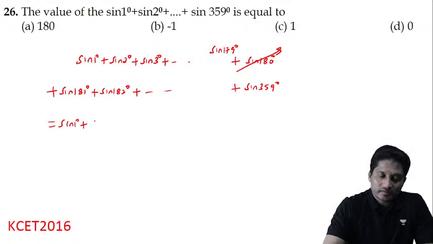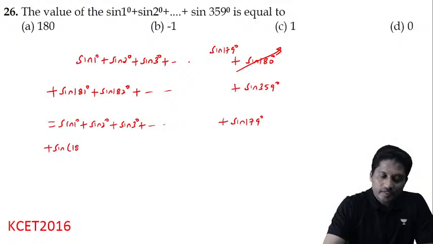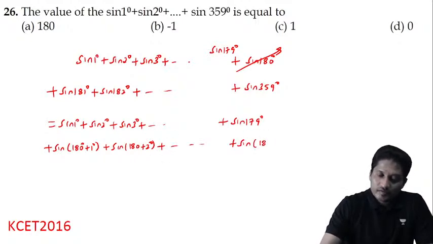Sine 1 plus sine 2 plus sine 3 and so on up to sine 179, plus sine of 180 plus 1 degree, plus sine of 180 plus 2 degree, and so on up to sine of 180 plus 179.